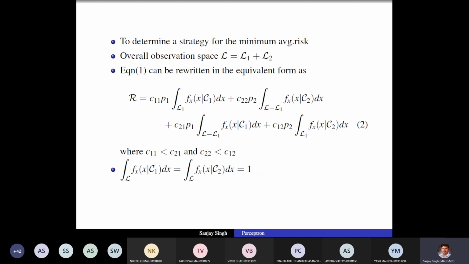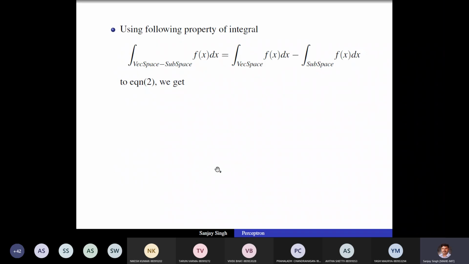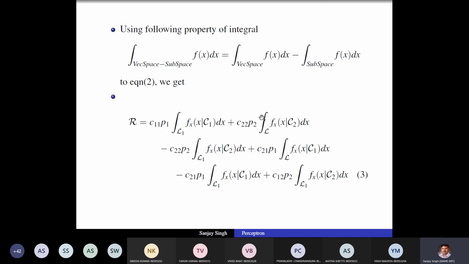If you say discrete probability, the sum equals 1. Now with this condition at hand, and with the integral property that the integral of a minus b times f(x) dx can be written as the integral of a f(x) minus b f(x) dx, we can apply this and separate the individual components.